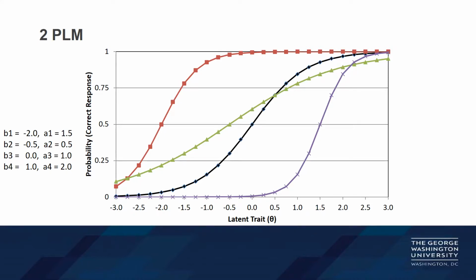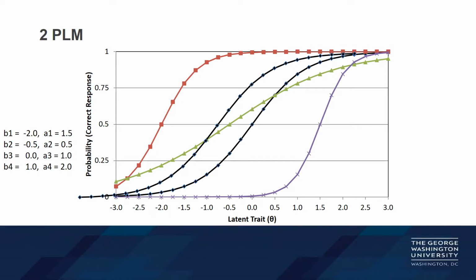Here again is a two-parameter model with 4 items. We're going to put a 5th item on here, and we're going to slide that item up and down our graph so we can see how it compares to other items. Notice if you have an ability of 0, not only does the item location matter, but the slope matters as well.